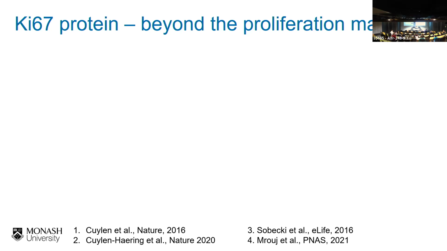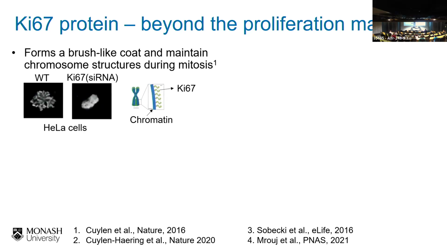So a group in 2016 published a paper in Nature, and they were interested in what function Ki-67 can play. And they found, using HeLa cells and siRNA to knock down Ki-67, that Ki-67 is important for maintaining chromosome structures during mitosis.